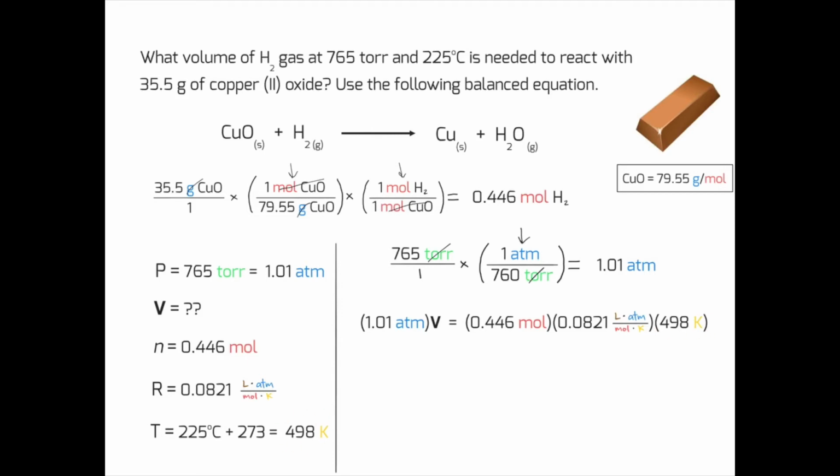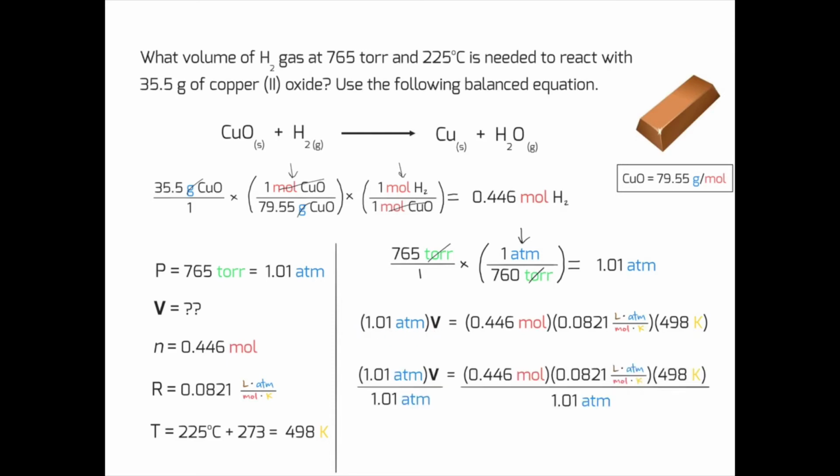In order to solve for V, we need to get it by itself on this side of the equation, so we're going to divide both sides by 1.01 atmospheres. Now, looking at the left side of the equation, we can see that we have 1.01 atmospheres over 1.01 atmospheres, which means that those cancel, leaving us with just V on the left side of our equation. And if we look at the right side of the equation, we see that there's lots of units that we can cancel also.